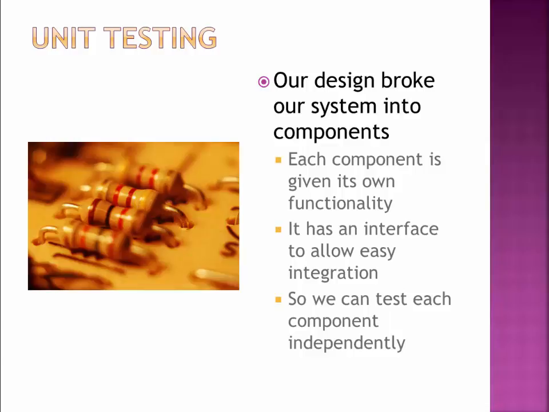The idea of unit testing is we've broken down the system into its pieces, and we're going to test those pieces individually. Each interface could be at the class level, it could be at the method level, but more likely it's going to be at some higher breakdown of the system, because testing each class can be very cumbersome. So we test these components independently of everything else.